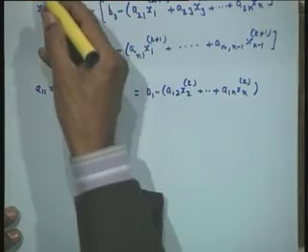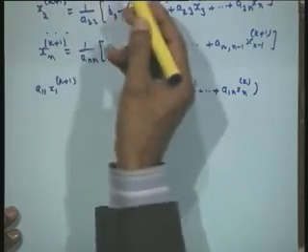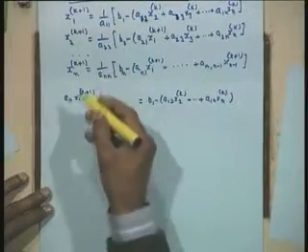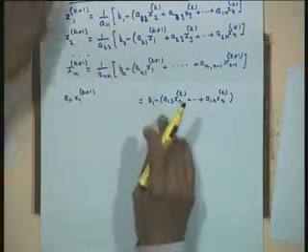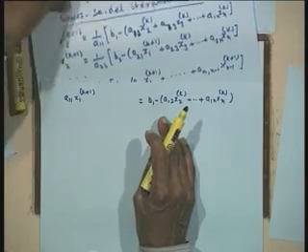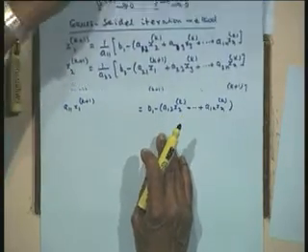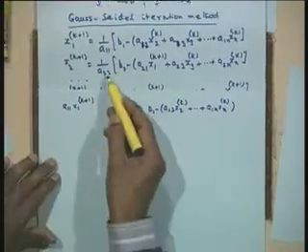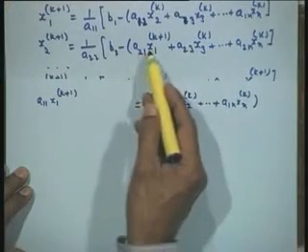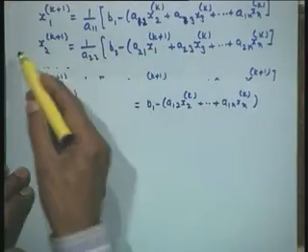So, I am cross multiplying it, and if there is a current iterate, I will take it to the left hand side; here there is nothing. Now, you can see if I go to the next equation, the second equation, this is a 2 2 x 2 k plus 1, and this is also a current iterate. So, I will bring it to the left hand side.